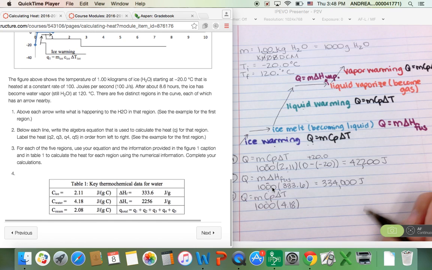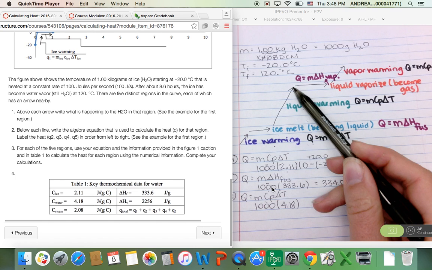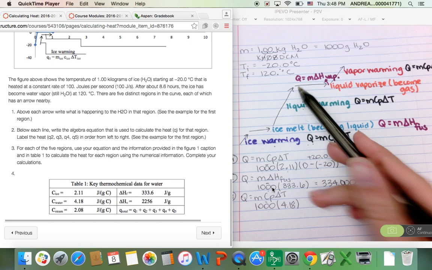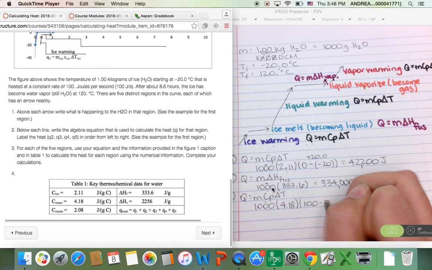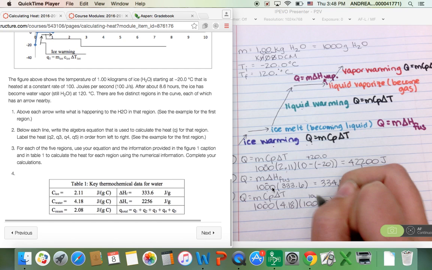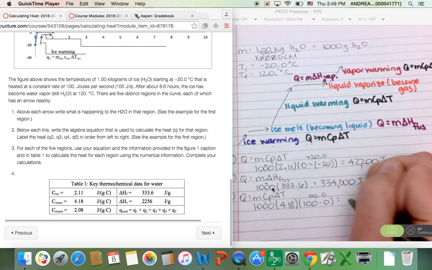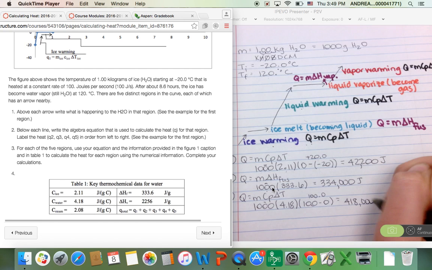And the change in temperature, if we look at our graph, is from 0 to 100 degrees Celsius, so 100 minus 0 gives us a change of 100 degrees. When I multiply these together, I still need 3 sig figs based on my mass. So that's 418,000 joules.